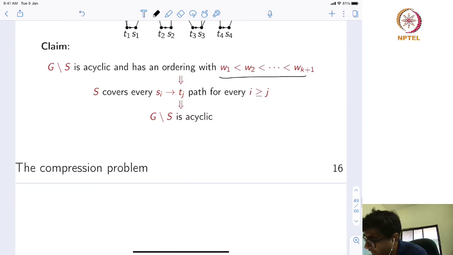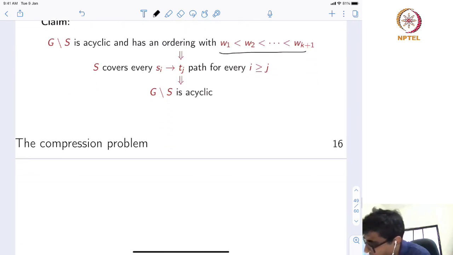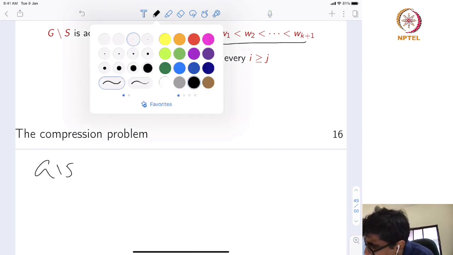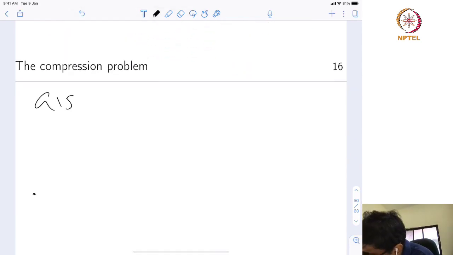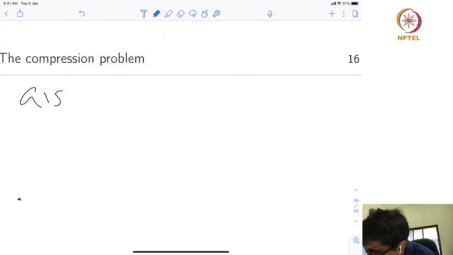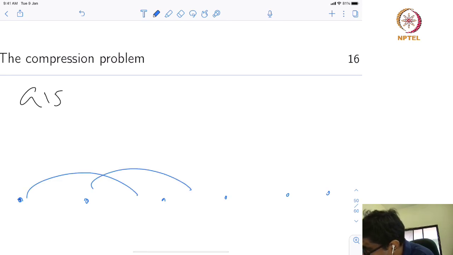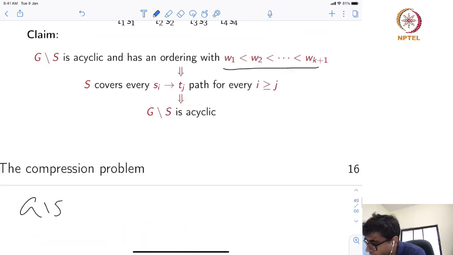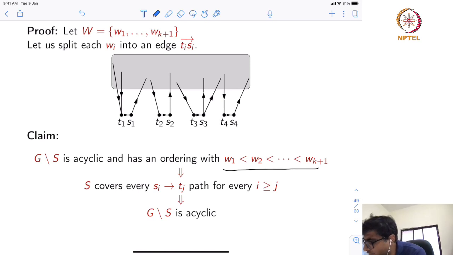Look at G minus S. It is acyclic, so it has an ordering of all the vertices, not only this. W1 is here, W2 is here. Now I'm claiming there is no path from Si to Tj for every i greater than or equal to j.